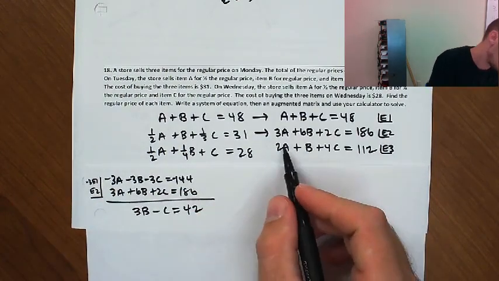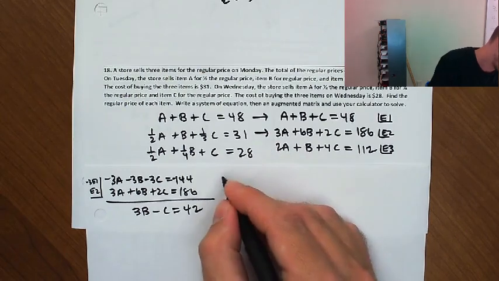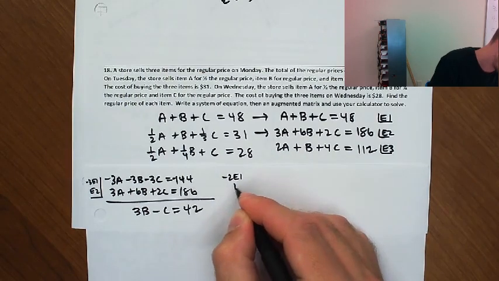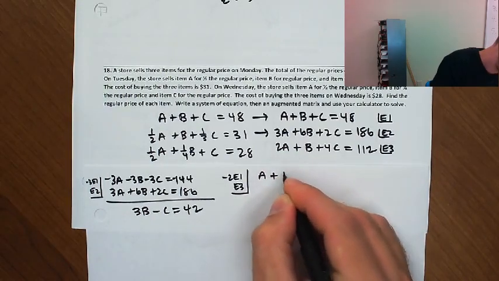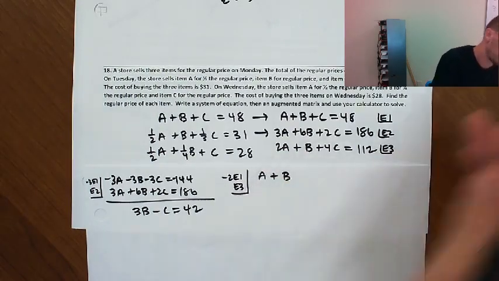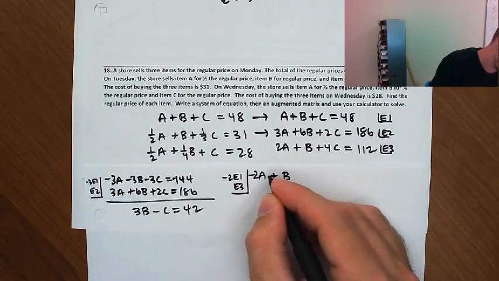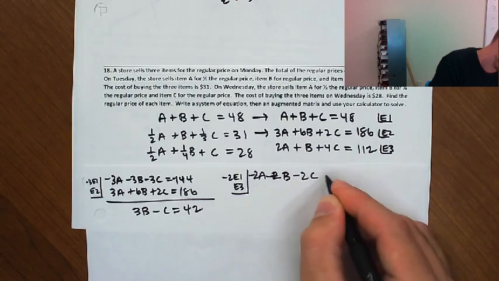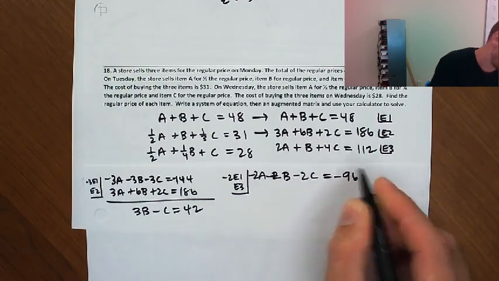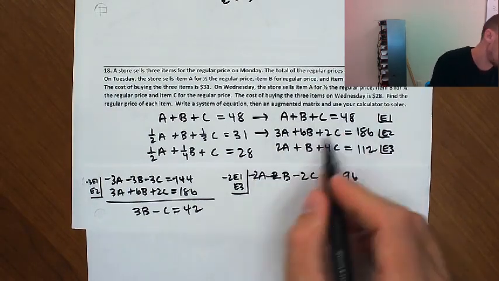Then over here, to get rid of this a, I'm going to do -2 of equation 1 plus equation 3. I need that to be -2a minus 2b minus 2c equals -96, because I've got to multiply everything by -2.